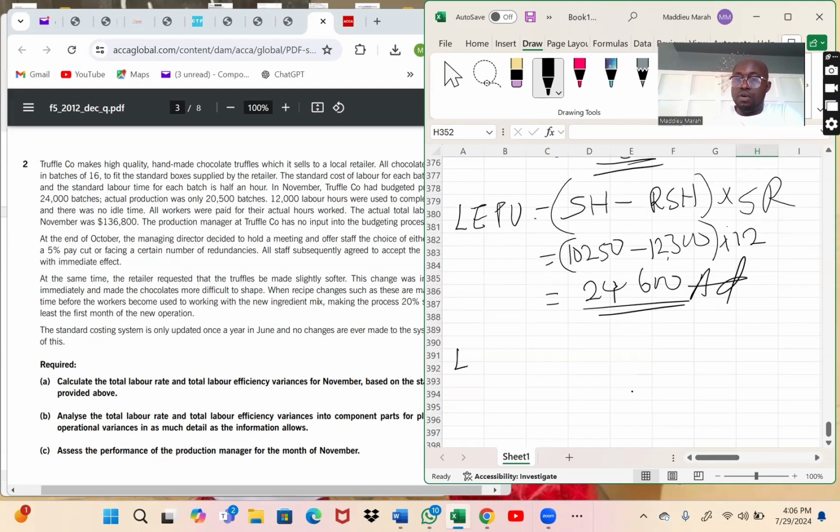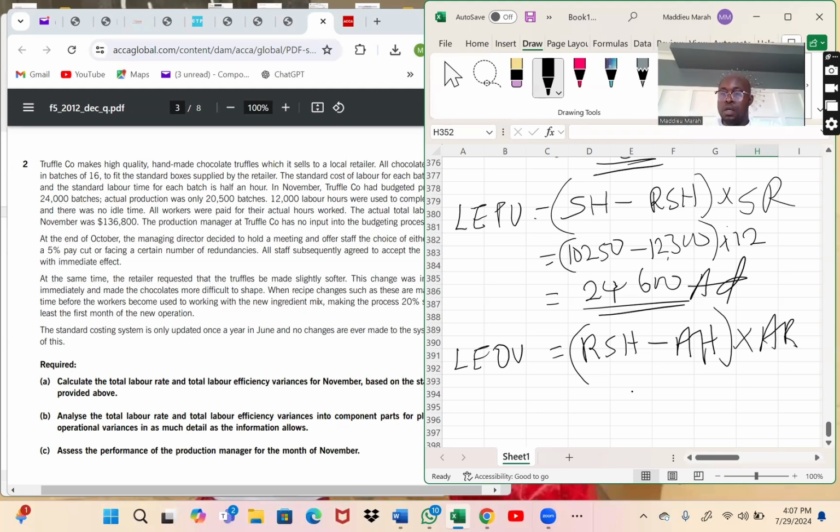Now we have our labor efficiency operational variance: revised standard hour minus actual hour, multiplied by revised standard rate.